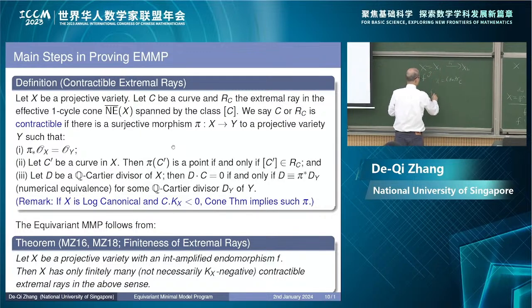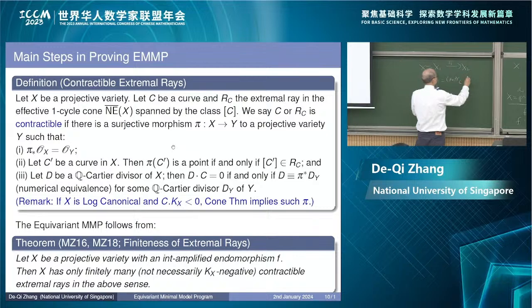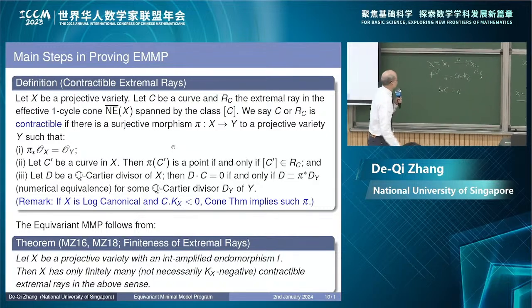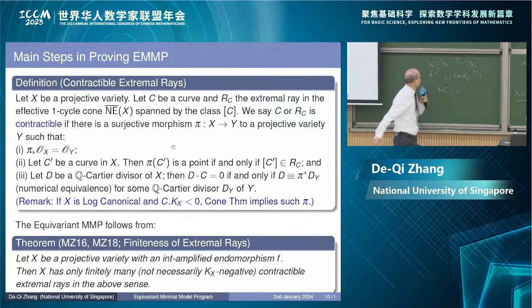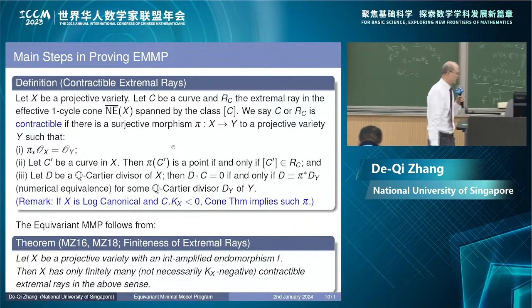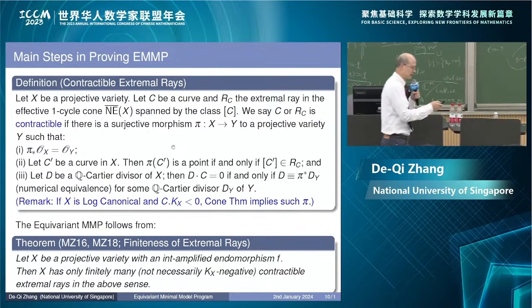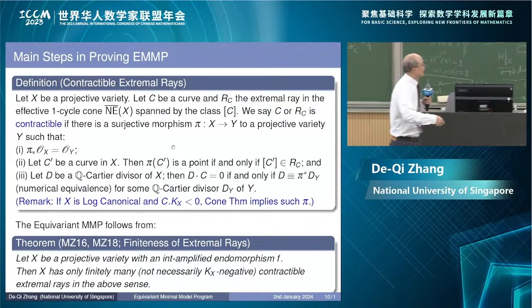If we can show that F lower star C, the pushforward, is numerically equal to C, then you can have an induced endomorphism here. Because the contraction is determined by this C, if your C is fixed as a class, then you can descend this endomorphism to downstairs. So that's the equivariance.